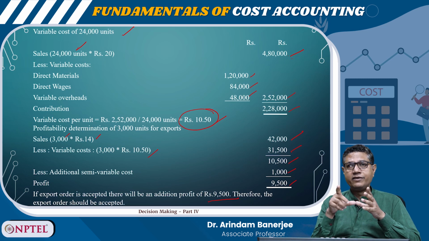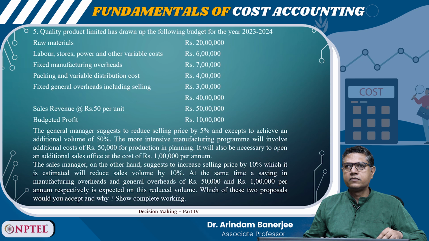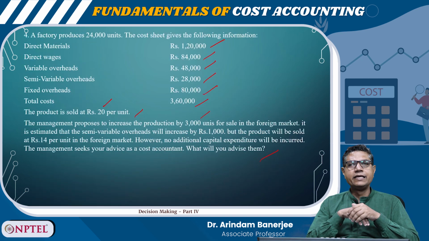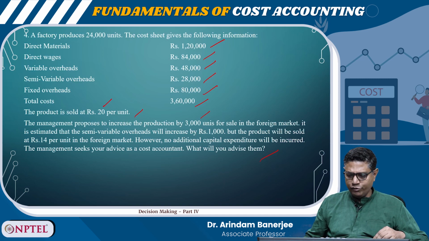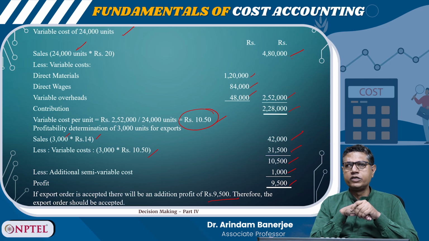Now, you see here, what is my fixed cost? The fixed overhead is 80,000. So, 80,000 I need to cover, right, and I can see what is the contribution I am earning here. If I deduct the variable cost from the selling price, I will get the contribution.